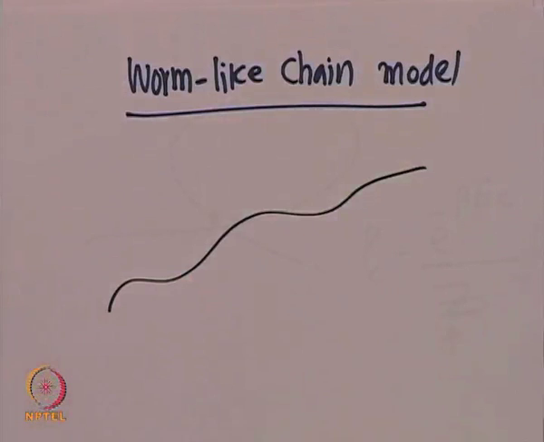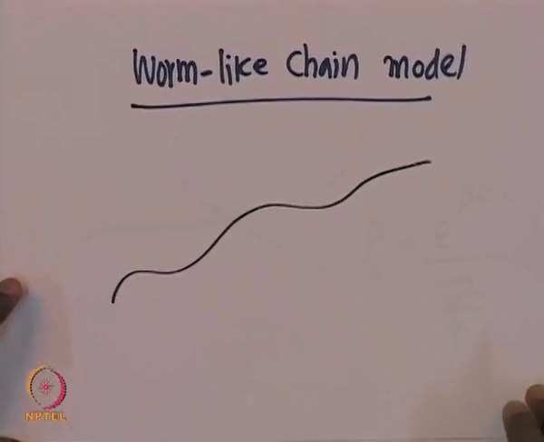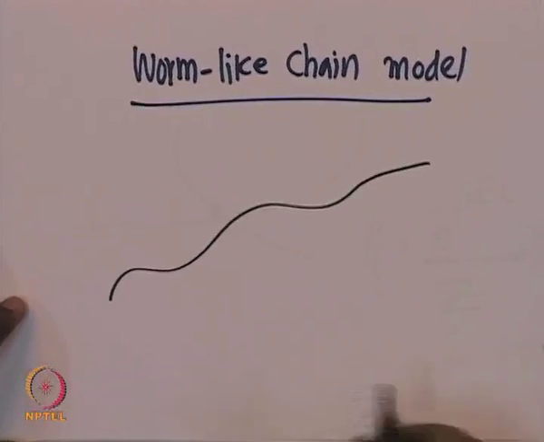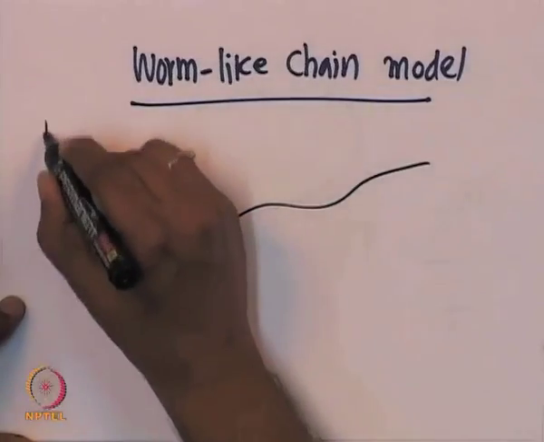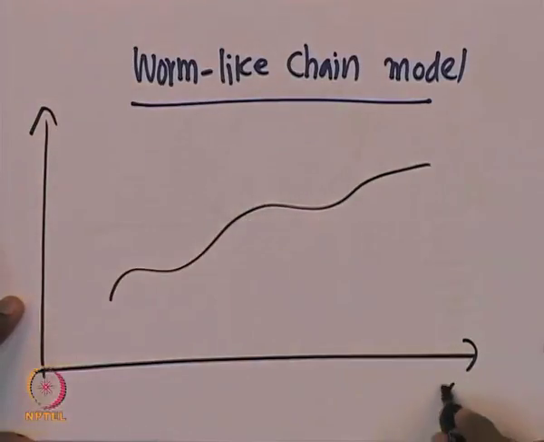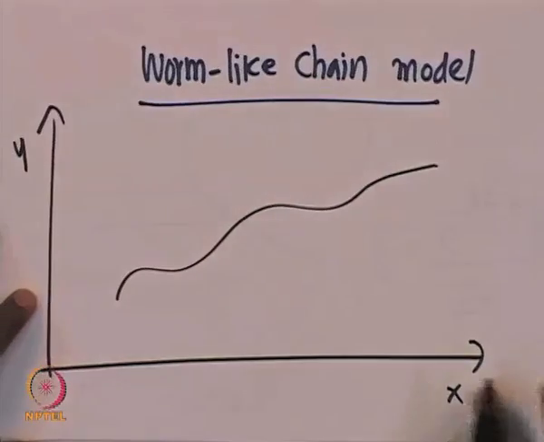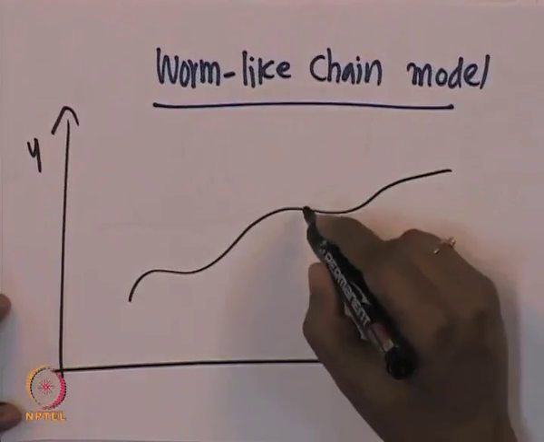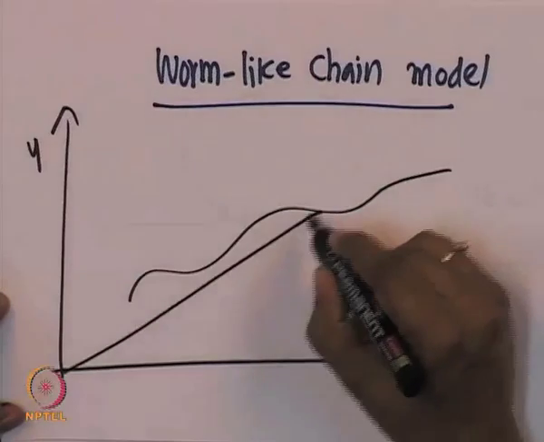This is the assumption of this model, and if you have a coordinate, this is x and y, each point on this DNA can be represented by a vector.